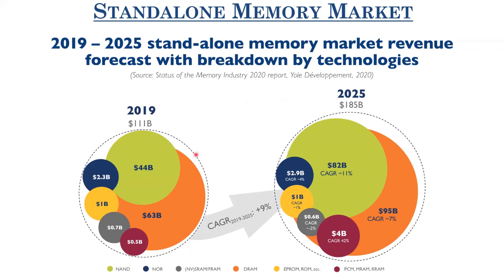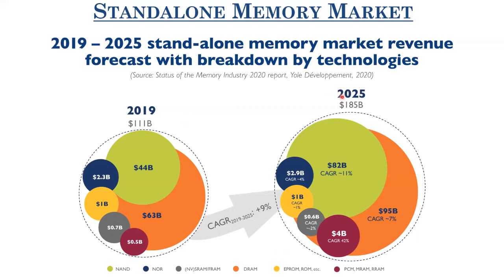If you look at the proportion of different classes of memory here, almost 55% was dominated by DRAM, 45% by NAND, and the rest, other memories like NOR, NVSRAM, ferroelectric RAM, EPROM or PCM, took a very small amount, right?